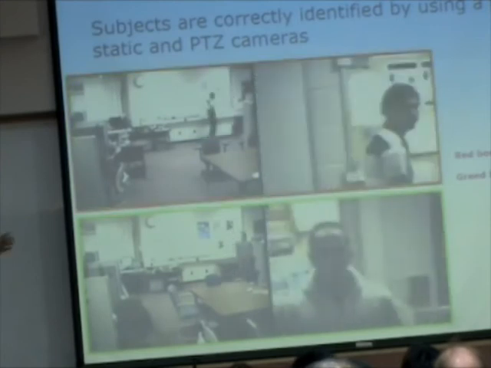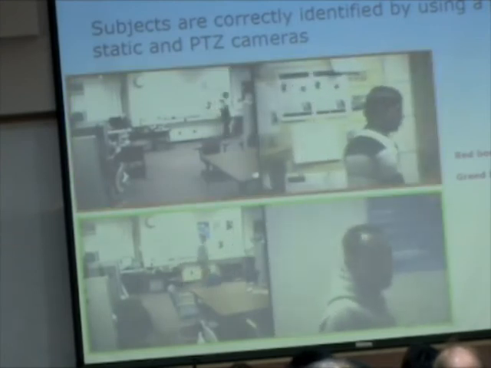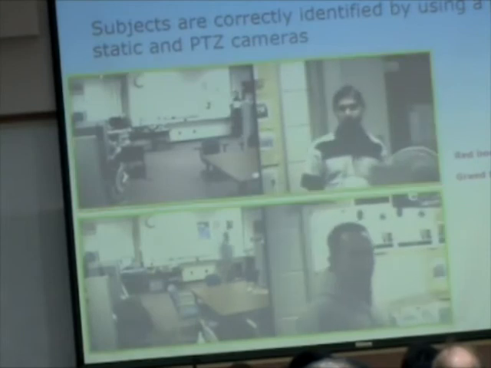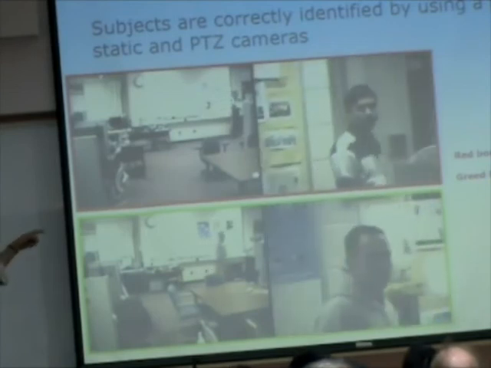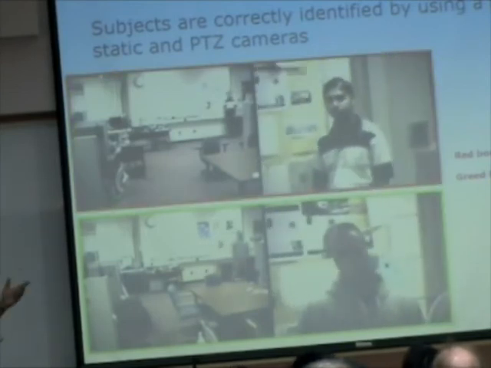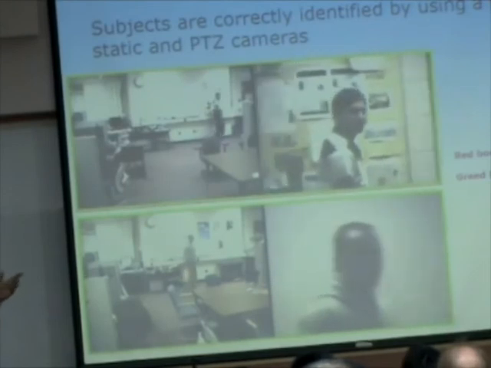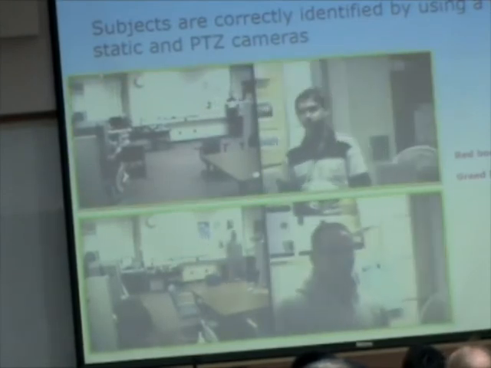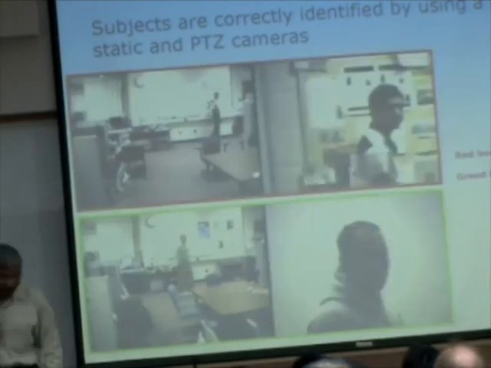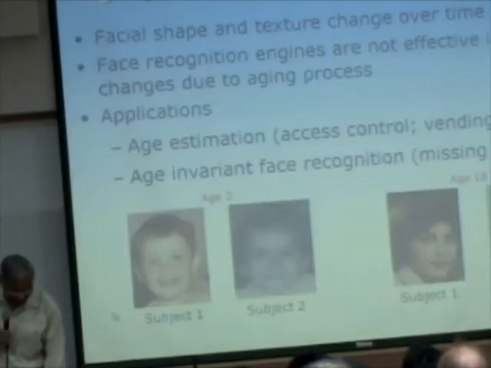And that's what this is showing: the person is maybe about 8 meters away from the camera, and then the pan, tilt, and zoom gives a higher resolution image of the face, and that leads to a better accuracy than if you just use the original face image.